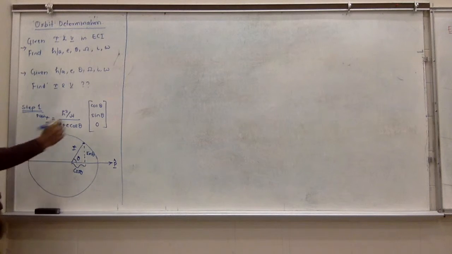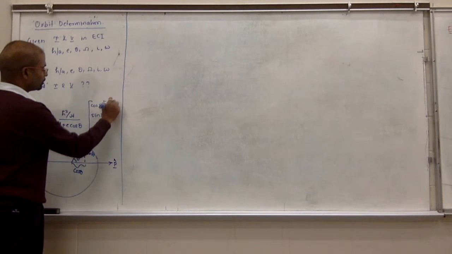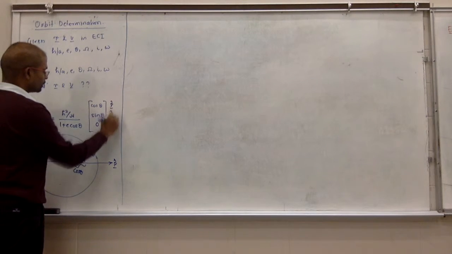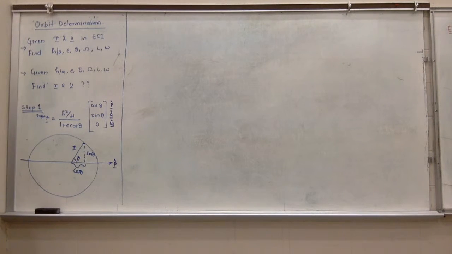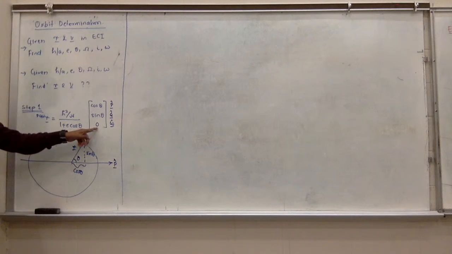Where is the W direction? Here, so here is your PQW. P, Q, and W. Yes, W is always in the direction of H. So what is the W component? That's zero, right? It is 0. You see?